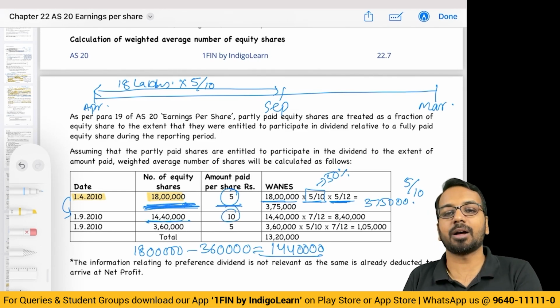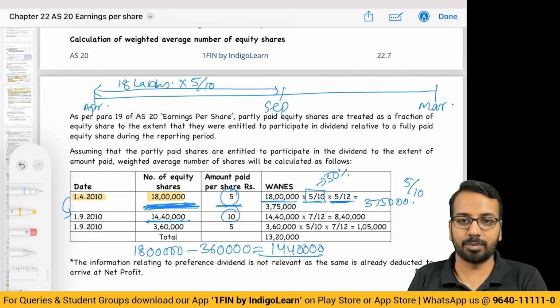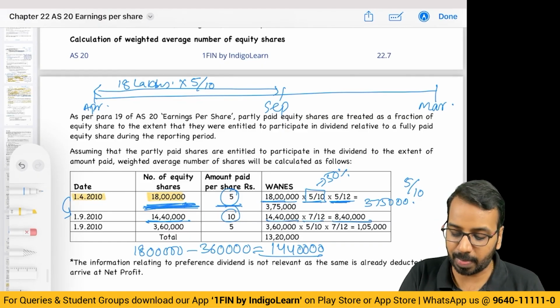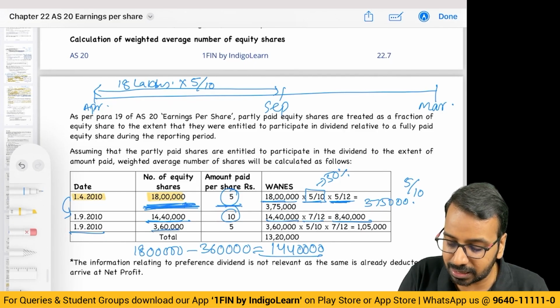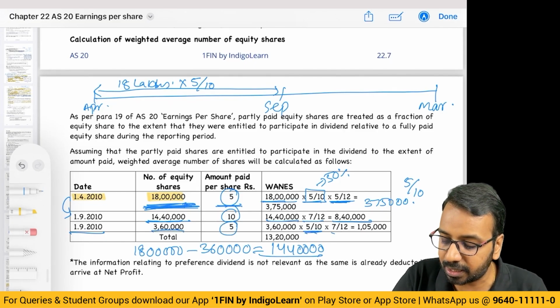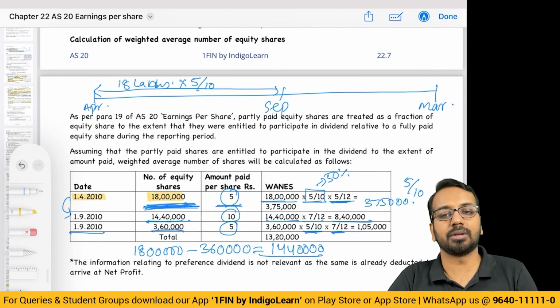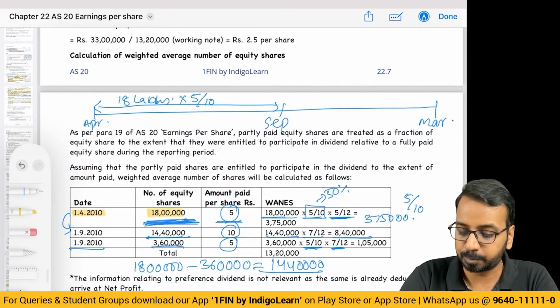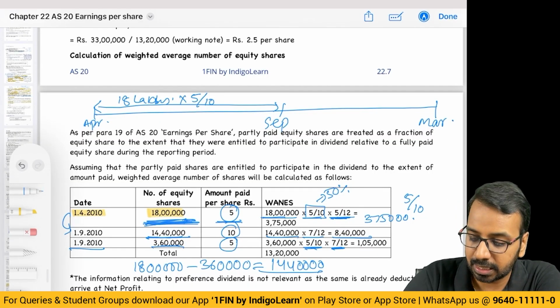And this part is outstanding for 7 months. So 14,40,000 into 7 by 12, 8 lakh 40,000. Then on 1st of September, the balance 3,60,000 if you consider, only 5 was received. So here we will apply 5 by 10 into 7 by 12. Like this you will calculate the weighted average. Now the other way to calculate the weighted average is to split into 2 parts.